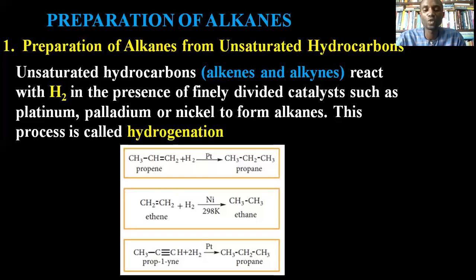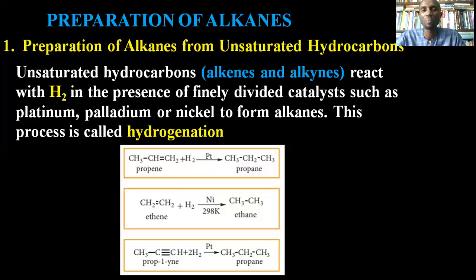If you are using an alkyne, you use propyne, and it will give you propane. So either of them can be used, and when you do so, an alkane will be produced. That is one of the ways we can prepare it.